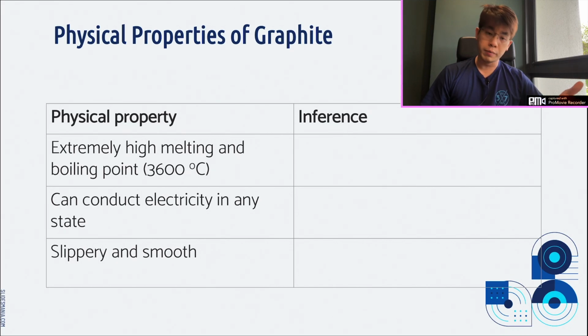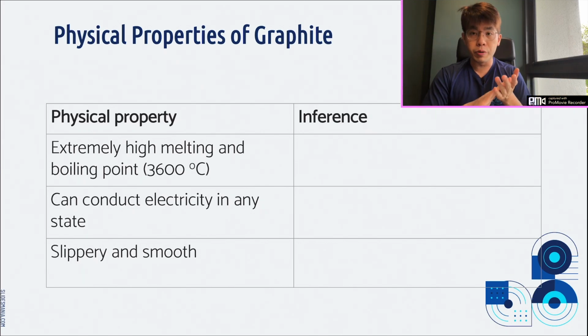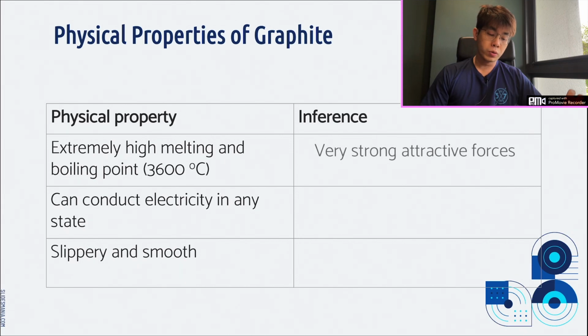So these are the three physical properties that we have found out about graphite. Firstly, it's an extremely high melting point, right? Yet it can conduct electricity in any state, and it's actually very slippery and very smooth. The extremely high melting point, we should know, is attributed to very strong attractive forces. So what are these strong attractive forces within graphite?